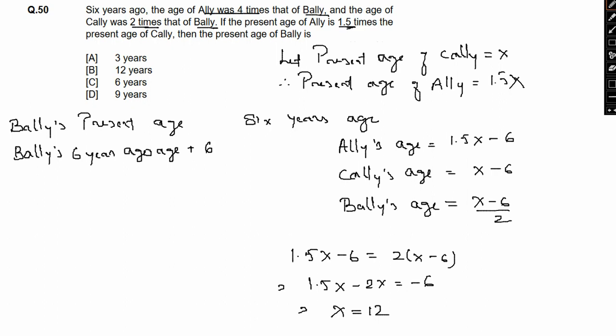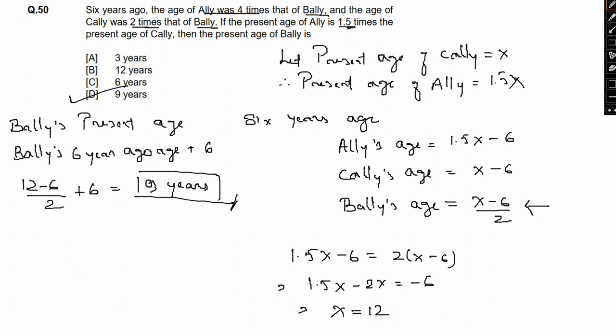Okay, so this is what we have. So 6 year ago age for Bali is this one. So we'll write 12 minus 6 by 2 plus 6. That is, this is 3 by 2, so 9 years. Which is our answer. Should be.